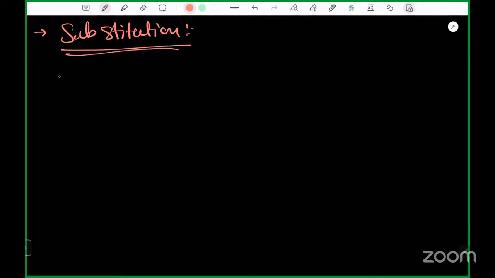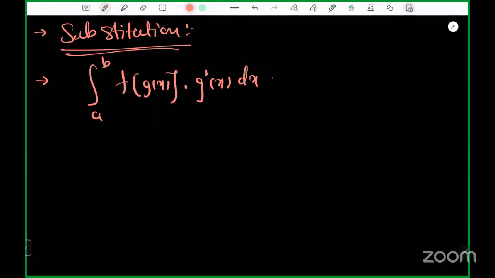As the name suggests, we substitute something to simplify our integral. Suppose you have an integration from a to b of f of g of x, a composition of two functions, into g dash of x dx. Here you have to judge which function is your f and which is your g. Then we can use a substitution to simplify this integral.